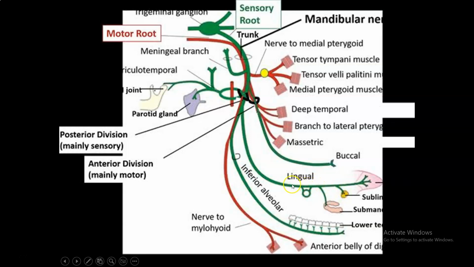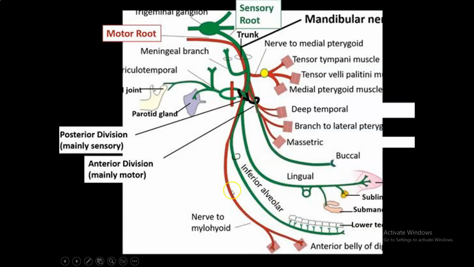The facial nerve, via the chorda tympani, carries taste from the anterior 2/3 of the tongue, special visceral sensation, but the lingual carries general sensation, pain, temperature, and touch. And it contains a branch from the chorda tympani, as we'll see, supplying the parasympathetic to the sublingual and submandibular glands, relaying in the submandibular ganglion.